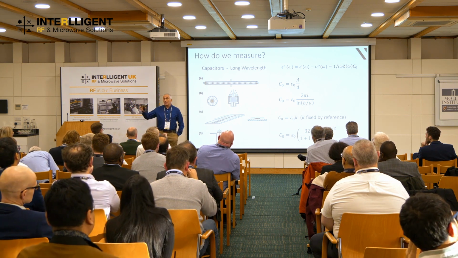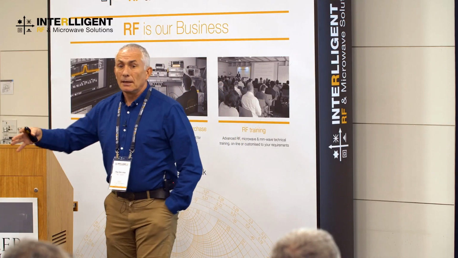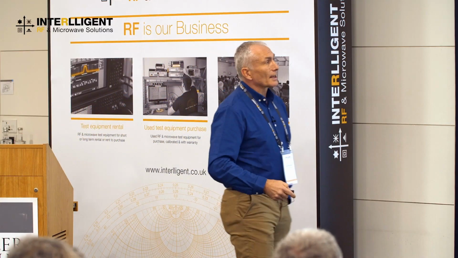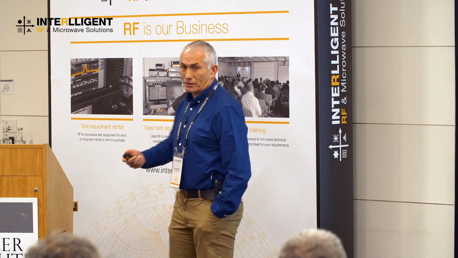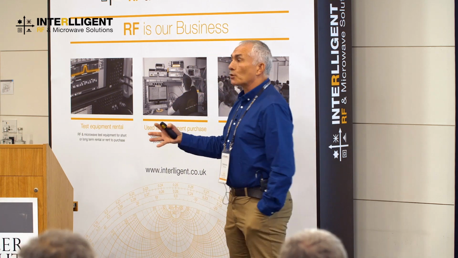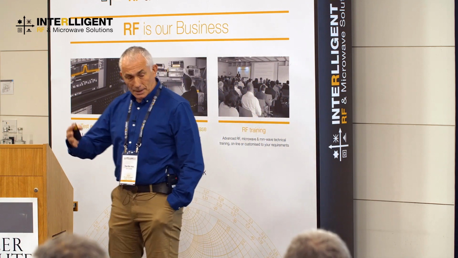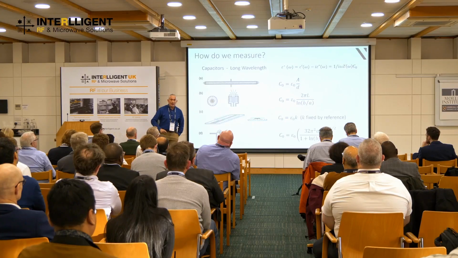I am making one assumption here, and that is that the wavelength of the field I'm using is much longer than the dimensions of the sample cell and the materials I'm testing. This is called the lumped element approximation, and if you have that, then this is perfectly valid.